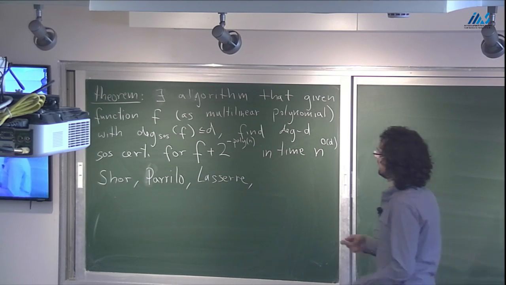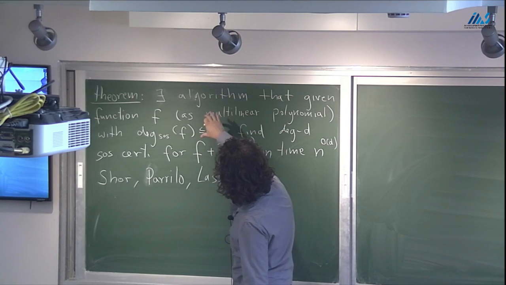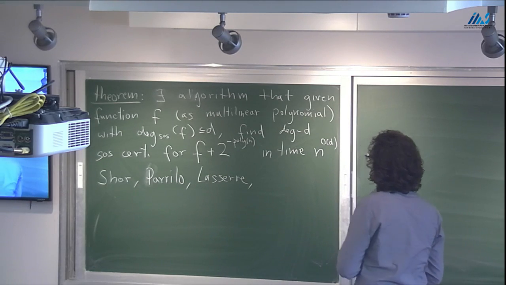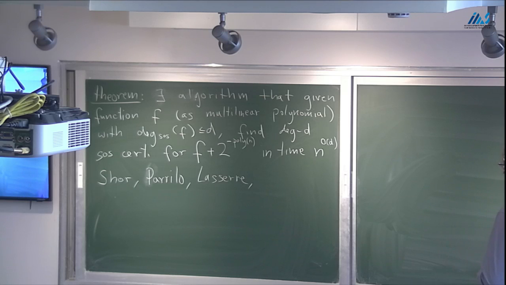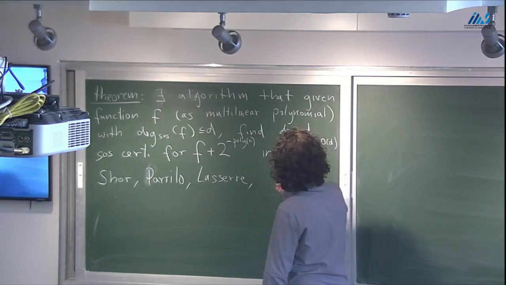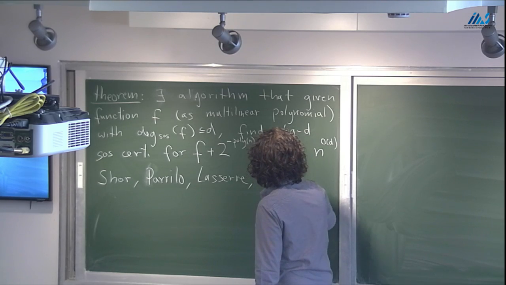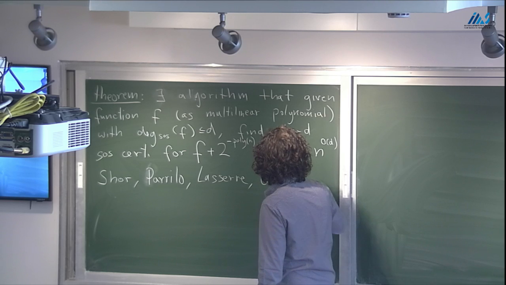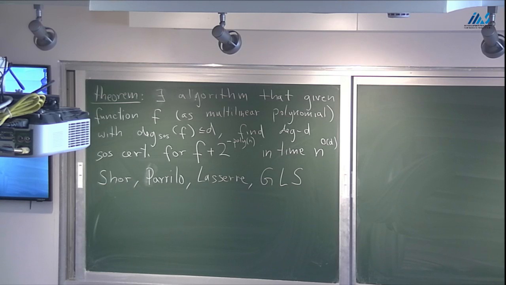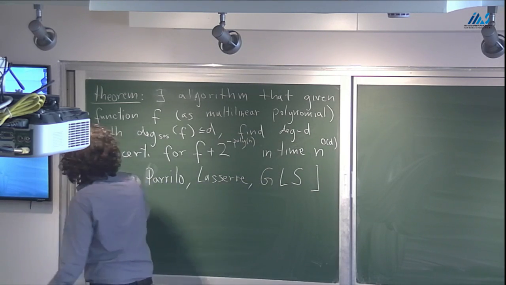They related this question to convex optimization questions, and to solve this convex optimization question efficiently, you need some machinery. And I think the paper that people usually cite is by Grötschel, Lovász, and Schrijver. So those are the references for this kind of algorithm.